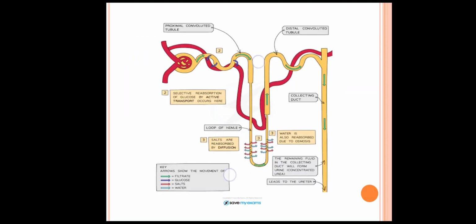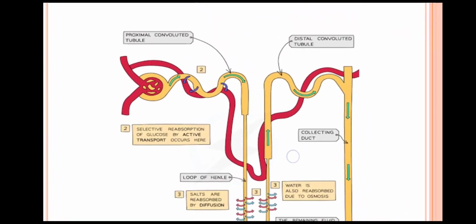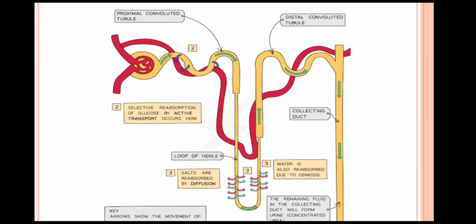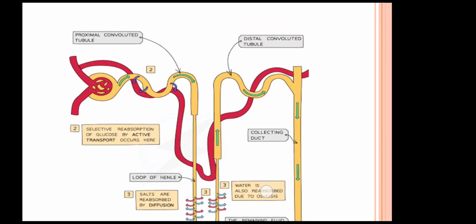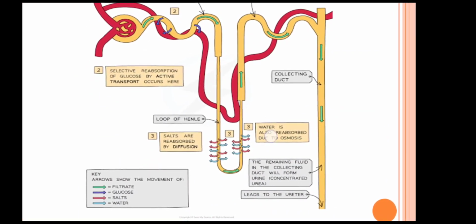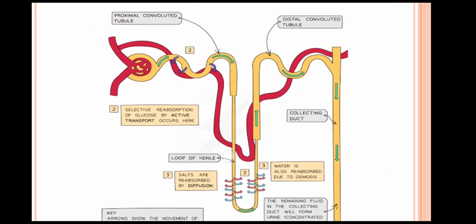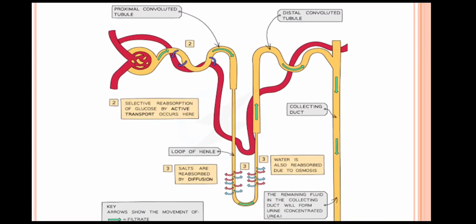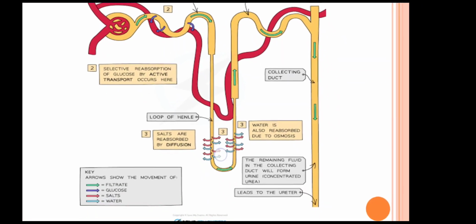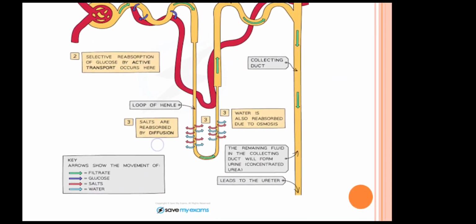You can see here from this diagram that in the proximal region of the nephron, selective reabsorption of glucose by active transport occurs, and then salts are reabsorbed by diffusion.